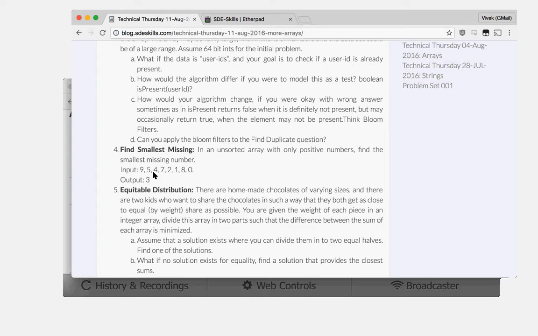So the smallest element will be on top, right? Then when 9 comes, I can put 10 inside the heap because 10 is the other candidate for the smallest element, right? Now 5 comes in, then 6 is a candidate for the smallest element in the array as well. So your smallest element could be either 0, 10 or 6.